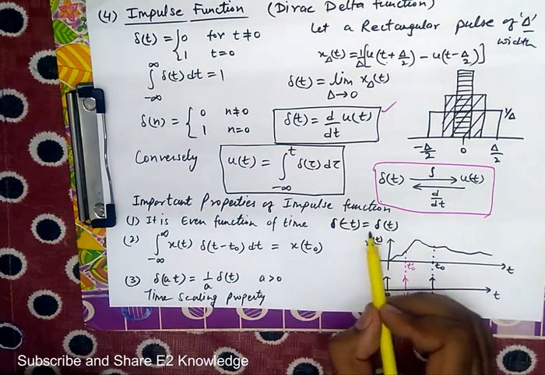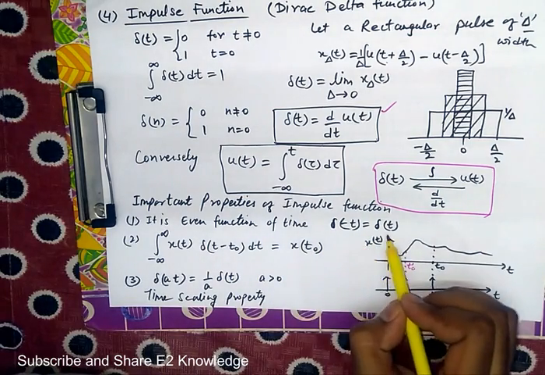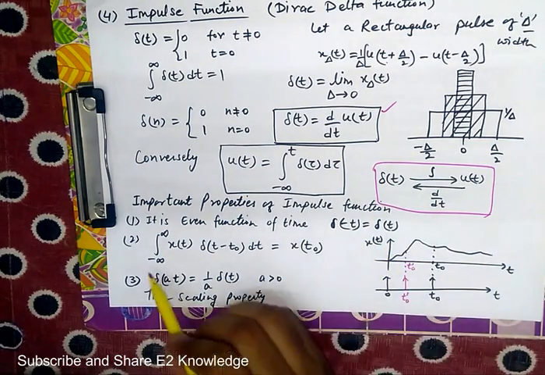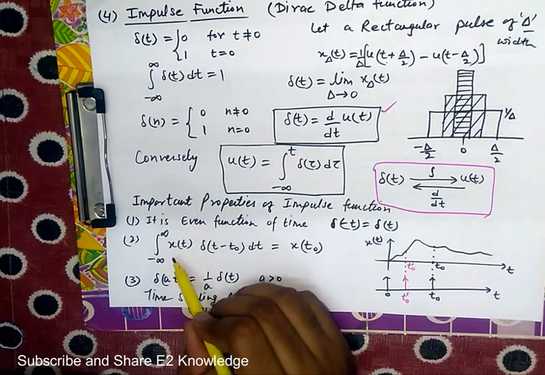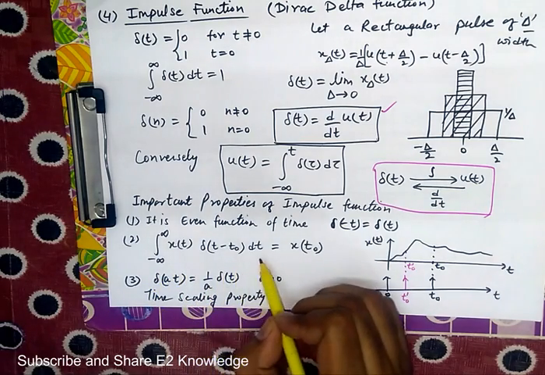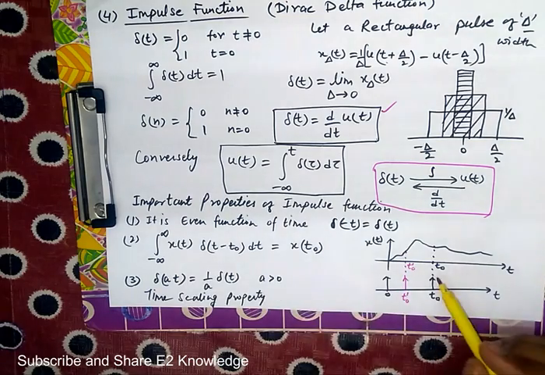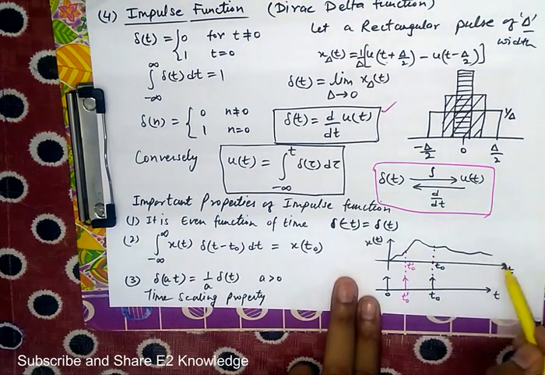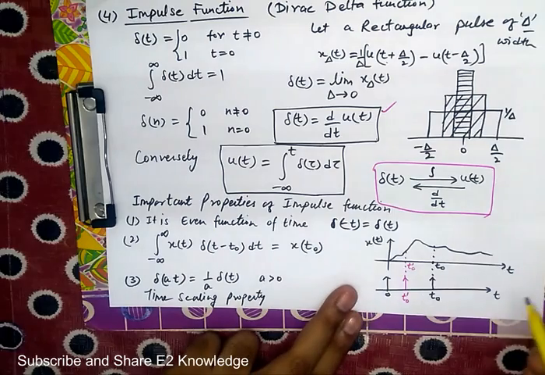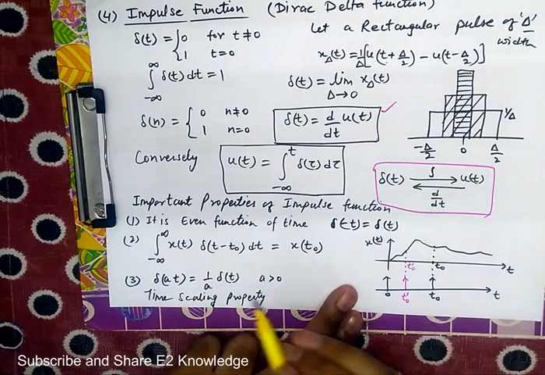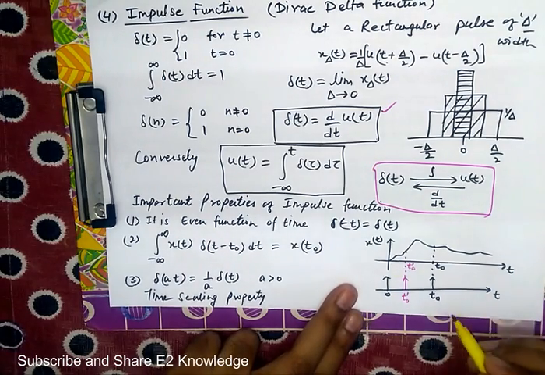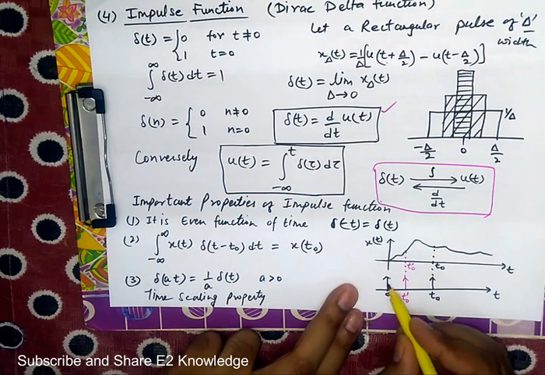Some important properties of the impulse function are: it is an even function, delta(t) is equal to delta(-t). Second, the property: integral of x(t) delta(t - t0) dt is equal to x(t0). It means x(t) is some function varying with respect to time t, and you know that the delta(t) function is 1 only at one position.